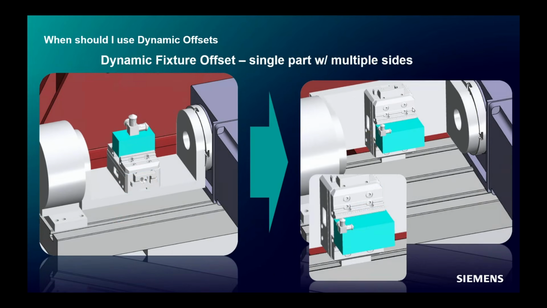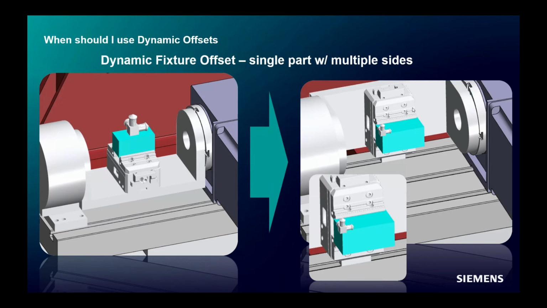This is another good example of where I would want to use dynamic fixture offset. So even just a simple single clamping, like a little teeter-totter trunnion, but I now want to work on 3 sides. And I want to have the ability of flipping it around. Once I leverage, and you'll see this in the demo, once I leverage the dynamic fixture offset, now I can program just thinking about where the 0 is on the part.